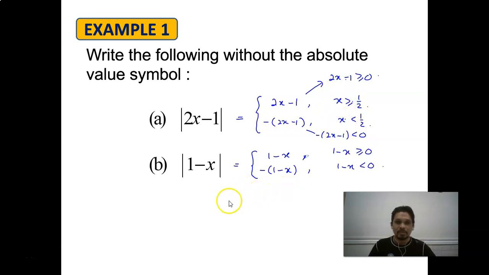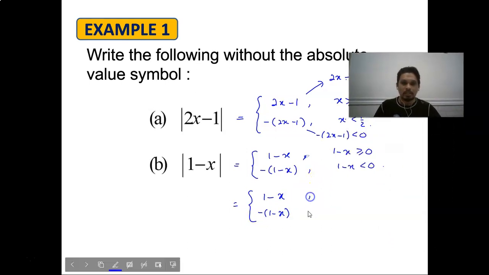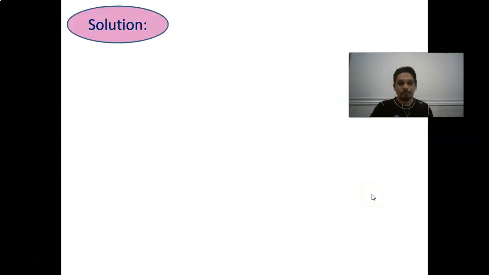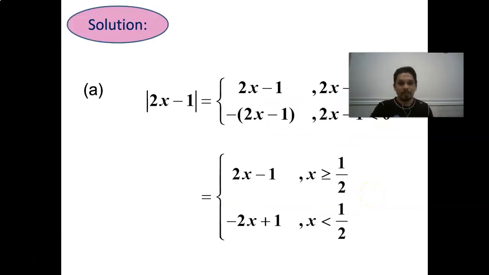So what about this? 1 minus x and negative of 1 minus x, which is x less than or equal to 1 and x greater than 1. Okay, so I explained all of this just now.